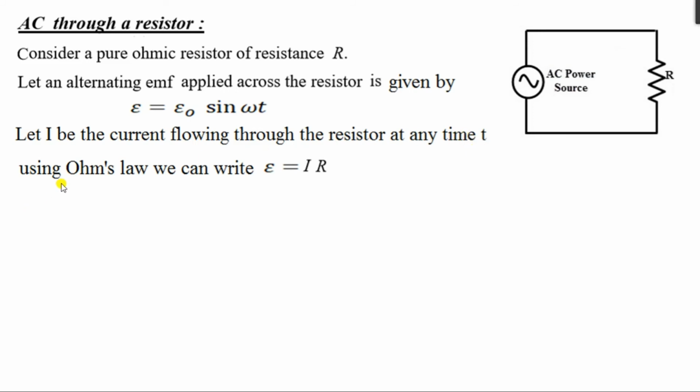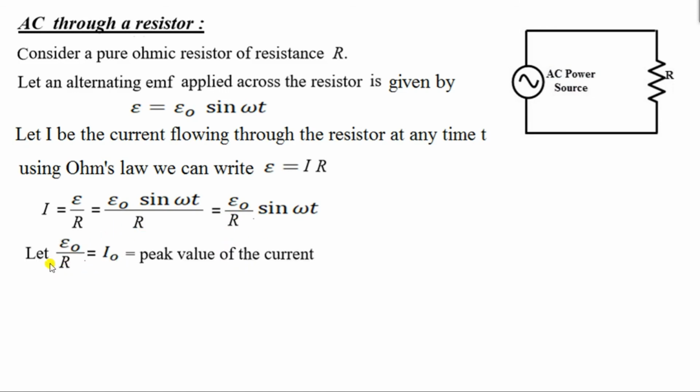We can use Ohm's law, E = IR, so I = E/R. Putting in the value of E, it's E0 sin ωt / R, and I'm separating E0/R and writing I0, which means the peak value of the current. So you get I = I0 sin ωt.